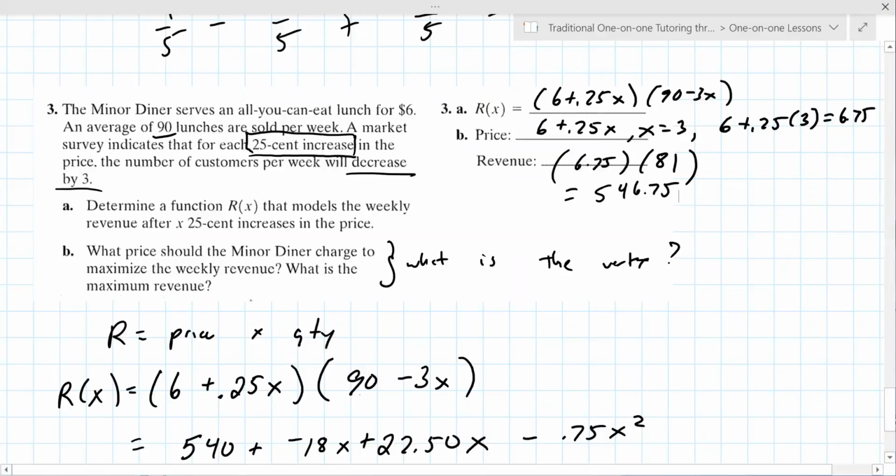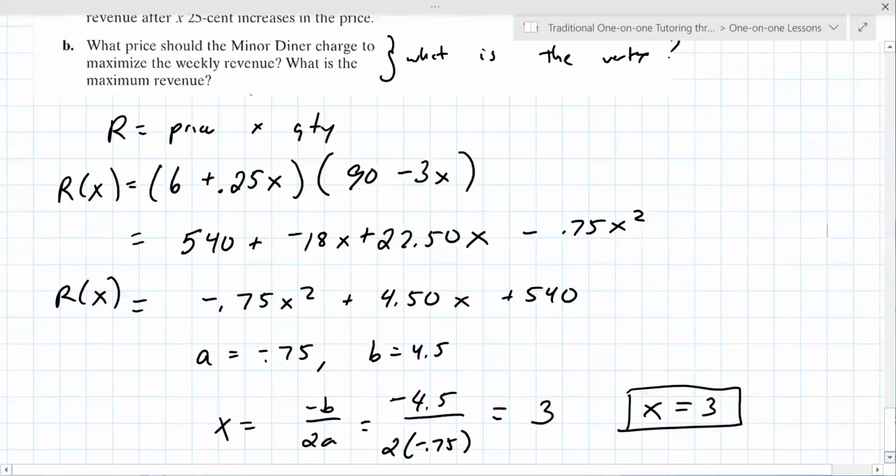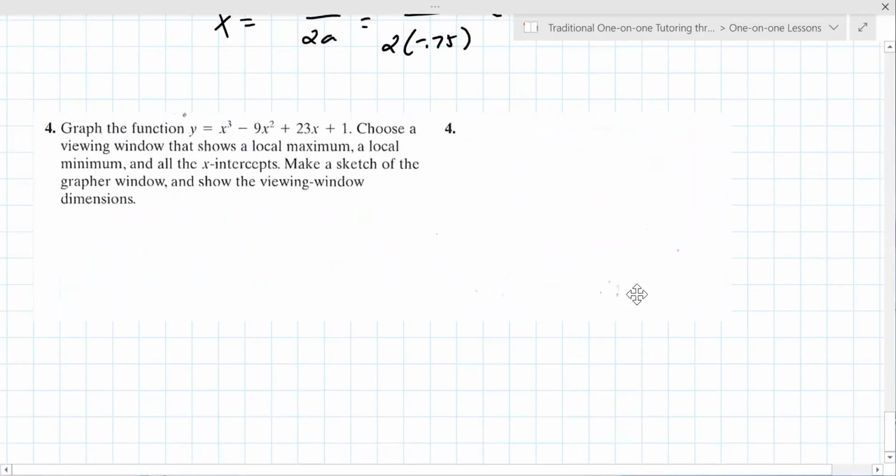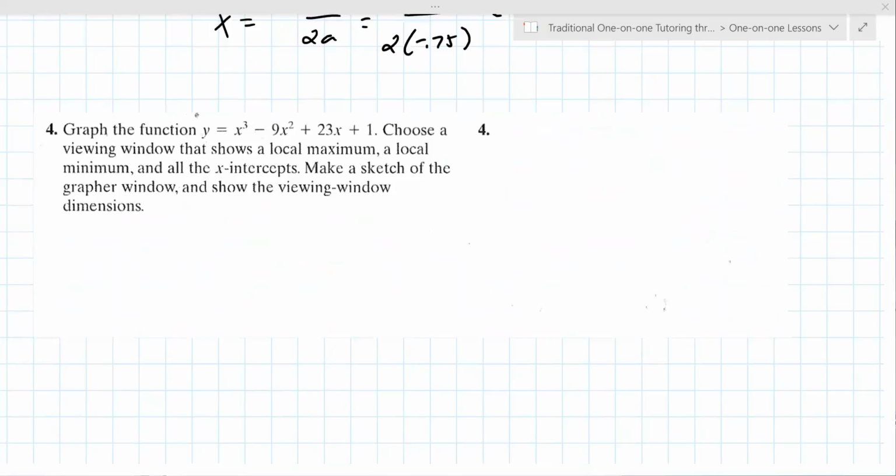Let's see here. So choose a viewing window. Okay. All right.